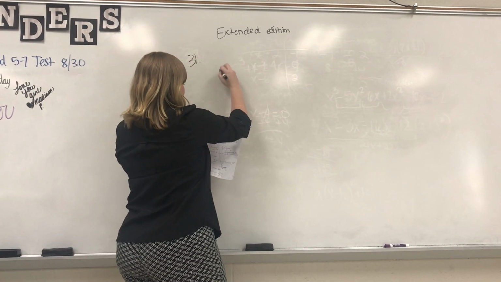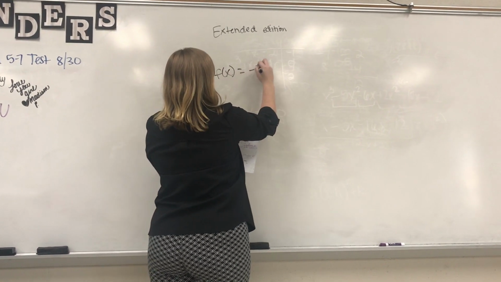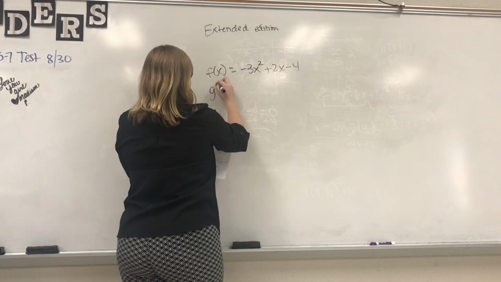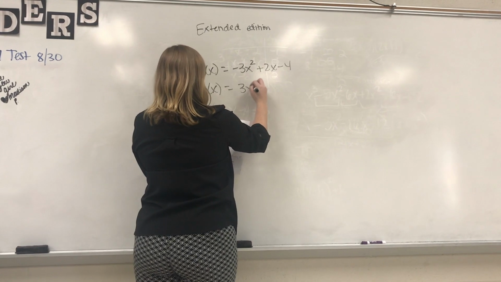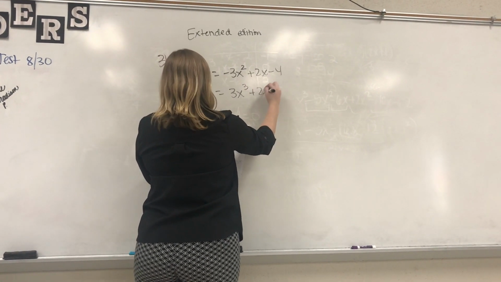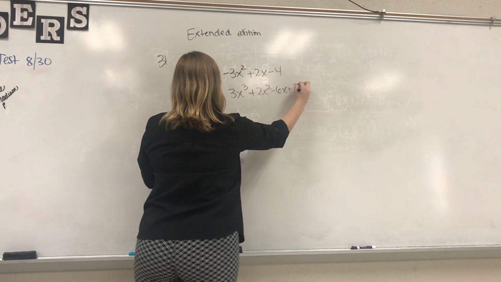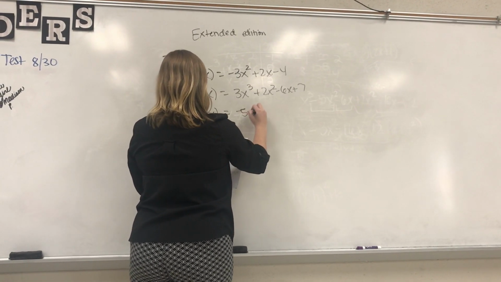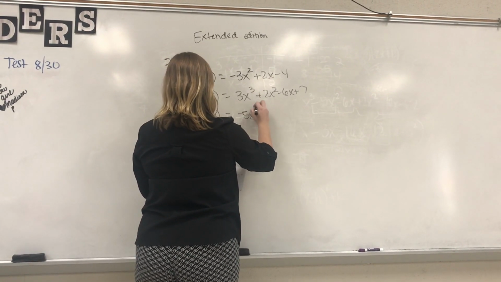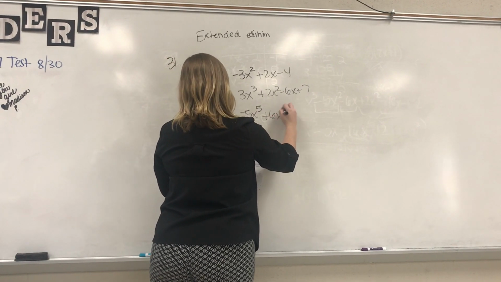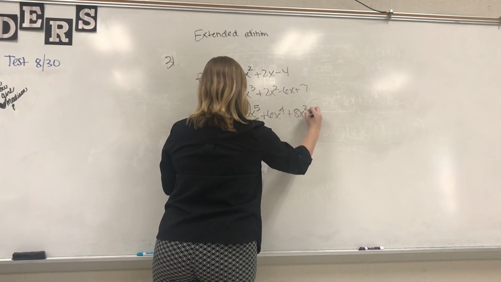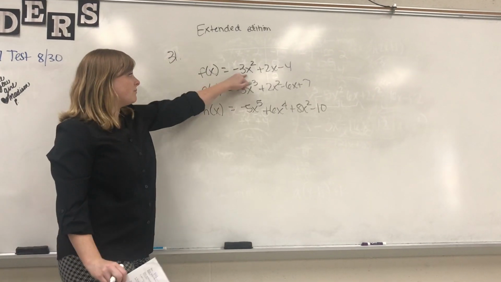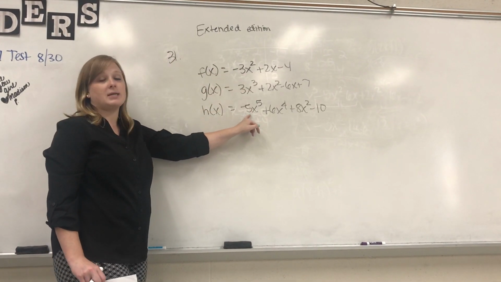So let's say you've got f of x equals -3x squared plus 2x minus 4. G of x equals 3x cubed plus 2x squared minus 6x plus 7. And h of x equals -5x to the 5th plus 6x to the 4th. Remember, we're talking about increasing or decreasing. We're looking at these first coefficients right here.